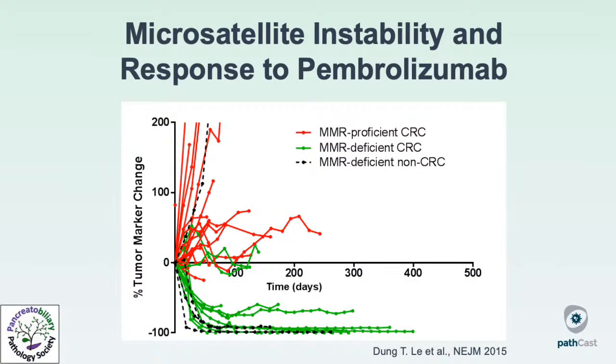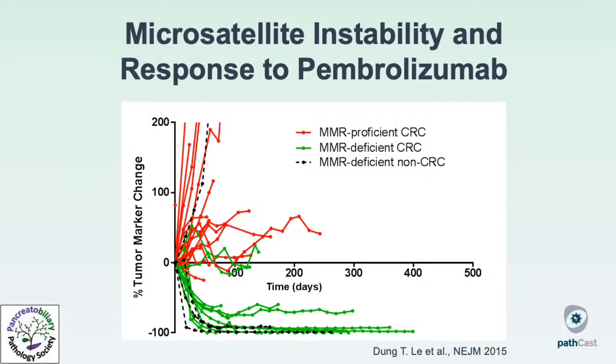So the reason that the microsatellite instability is clinically important is that these hundreds of additional somatic mutations create hundreds of additional neoantigens that can be targeted by the immune system. And in studies that were not stratified by tissue of origin, the oncology group at Hopkins has shown that microsatellite unstable tumors or tumors with mismatch repair deficiency respond very well to immune checkpoint inhibition and other types of immunotherapy.